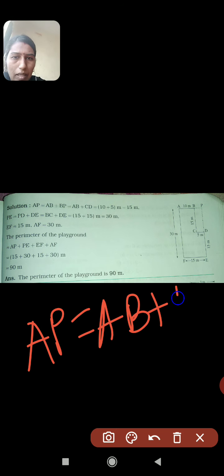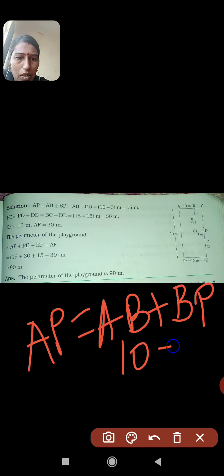AP, yes, we want. Here P we want. EF and AF are already given. Only for AP, AP is equal to AB plus BP. AB is 10, BP is 5.